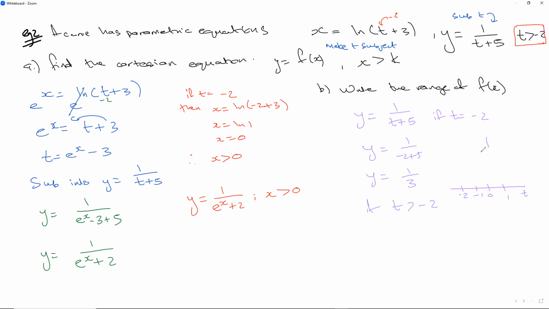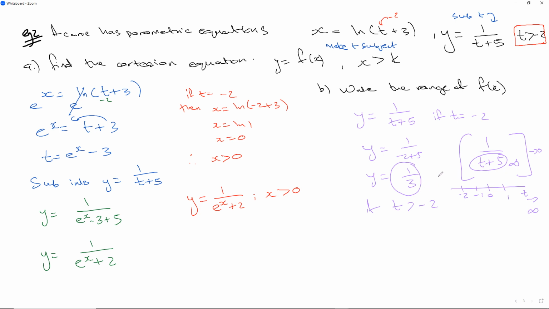You'll find that for 1 over t plus 5, as t goes to infinity, the denominator will become infinity, in which case the whole fraction will tend to 0. So as t continues, y is going to end up at 0. And obviously, if it goes in the other direction, it's going to go to 1 over 3.